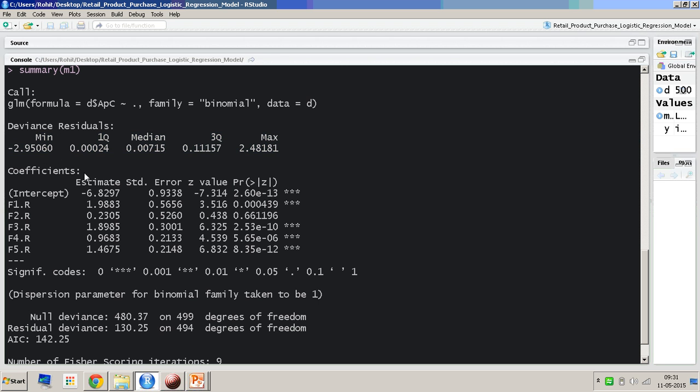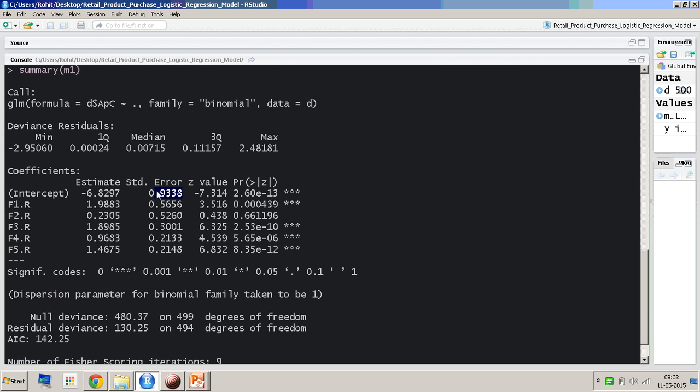The next that we see are the coefficients. The coefficients are basically the beta values of the independent variables and of the intercept, that is beta 0. So under estimate, we get to see all the coefficients for different independent variables, that is f1, f2, f3, f4, and we also get to see the beta 0 value, the intercept coefficient, which is minus 6.8297.